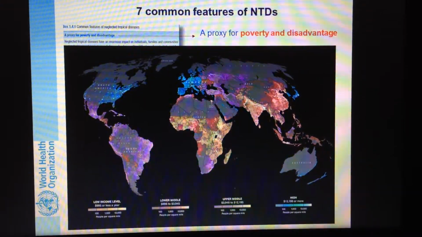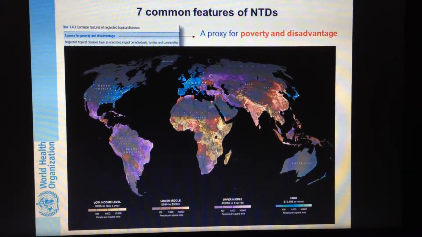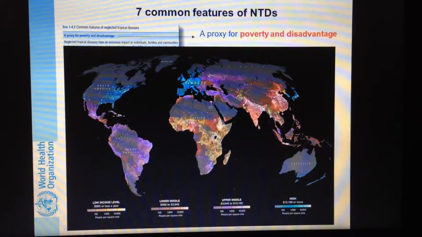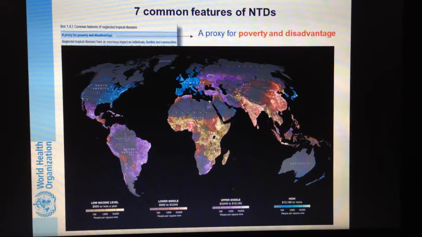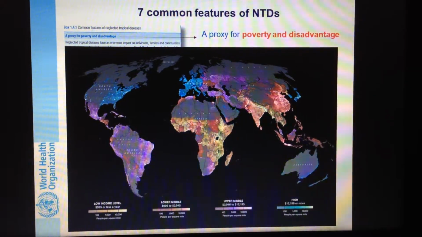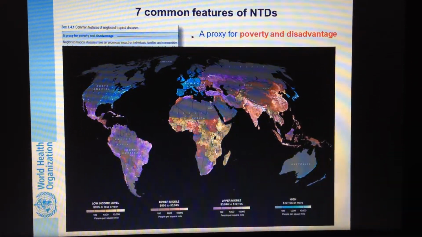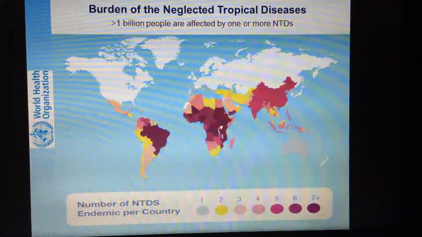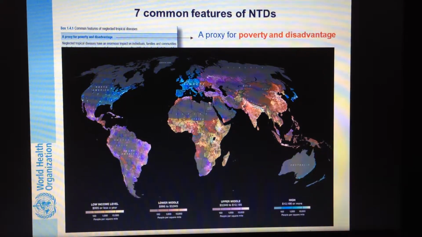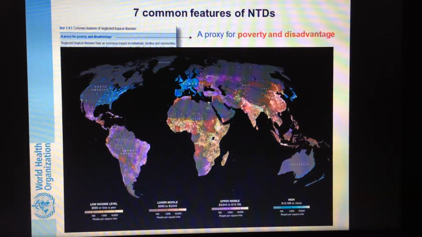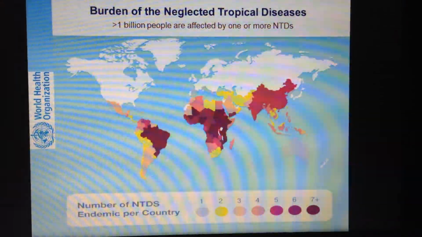The blue areas are the areas with high income, and the purple and the yellow and the red, in the paler colors, represent the poorest country. So if you remember the previous map, you can see that there is almost a 100% match between the level of poverty and the burden of NTDs.